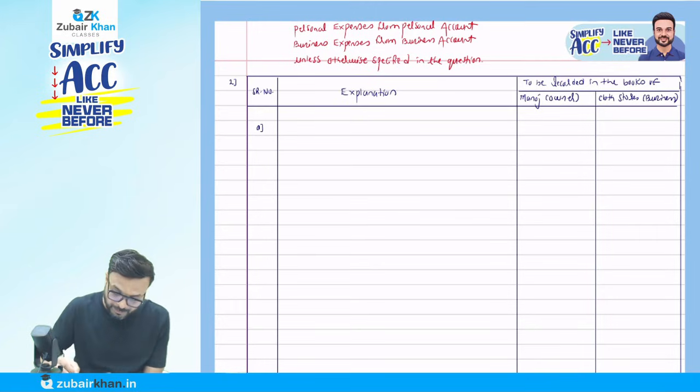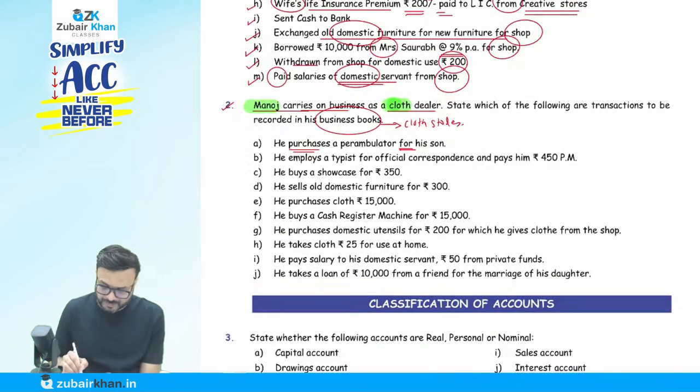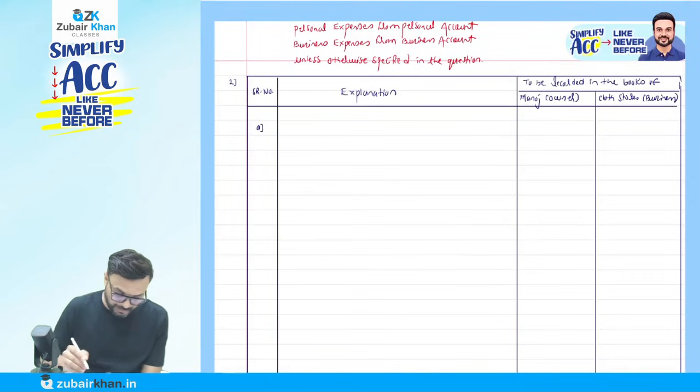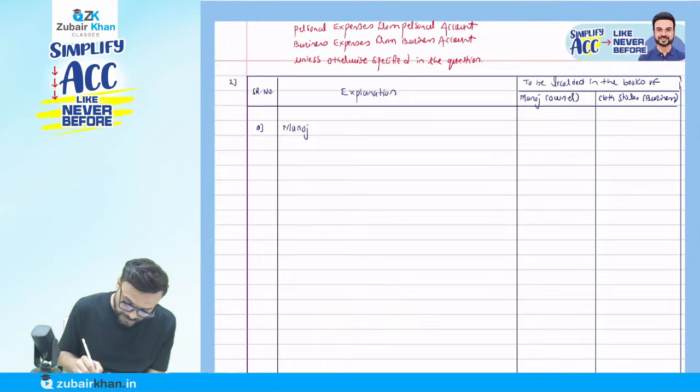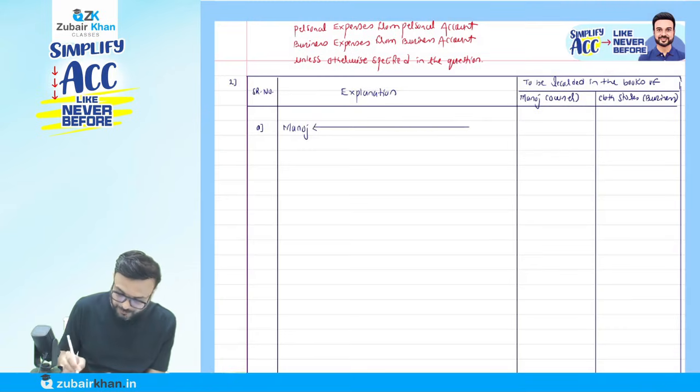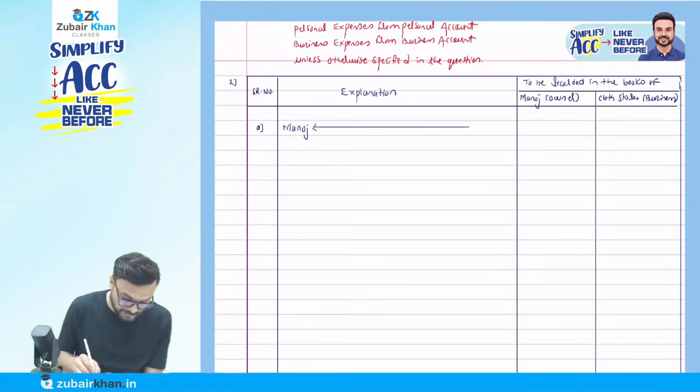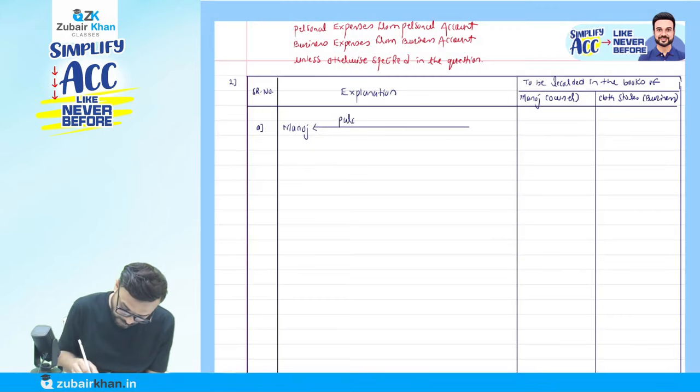Okay, now it is mentioned here that Mr. Manoj purchased some asset for his son. Now write down Manoj. The identity of Manoj is different, and the identity of the business is different, as per the business entity concept. He purchased a perambulator from someone.